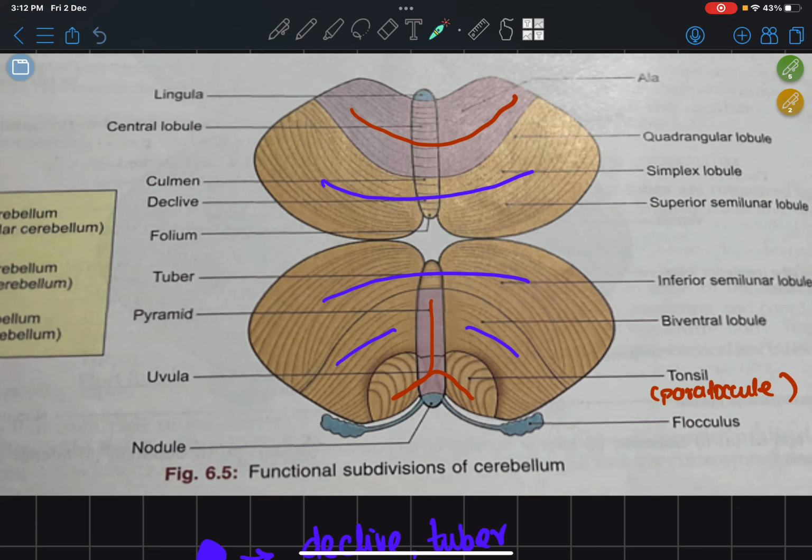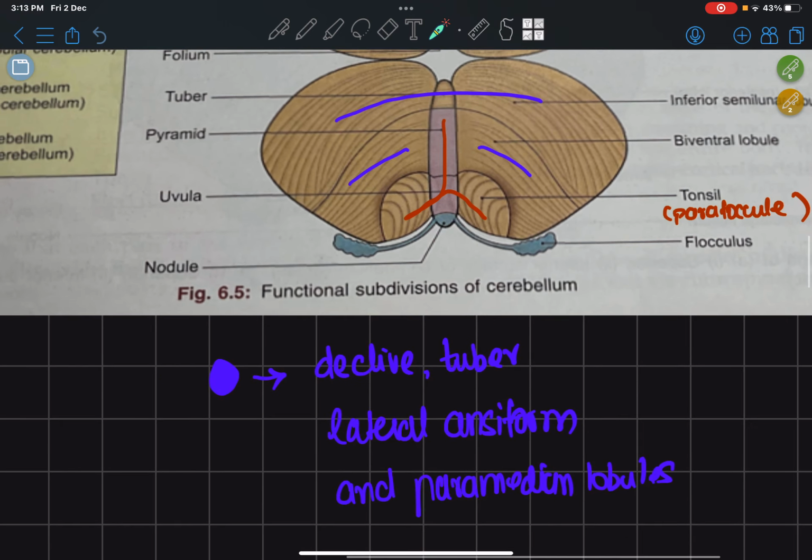Now coming to neocerebellum. Neocerebellum is the leftover parts of the posterior lobe, that is the culmen, declive, folium, the simplex lobule, the superior semilunar and inferior semilunar lobule, the biventral lobule, and the tuber also. In the AKGN textbook, all these regions that are surrounding the vermis in the posterior lobe, that are part of the neocerebellum, are called the lateral ansiform and paramedian lobules.